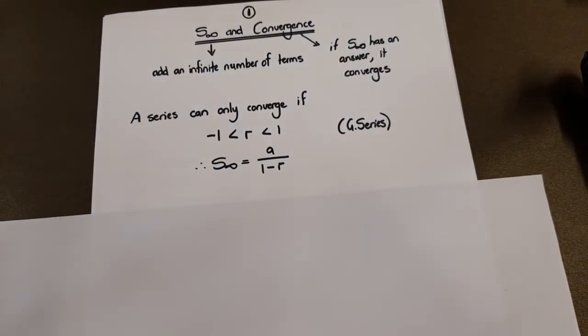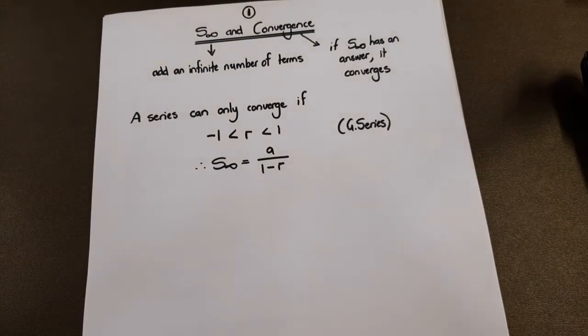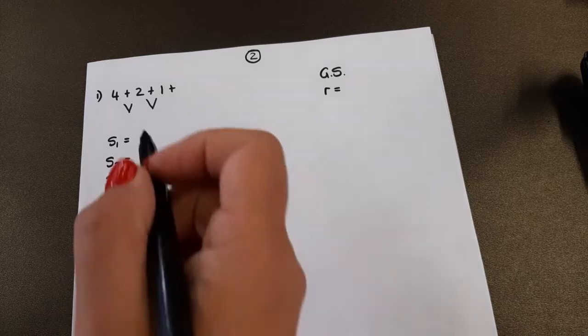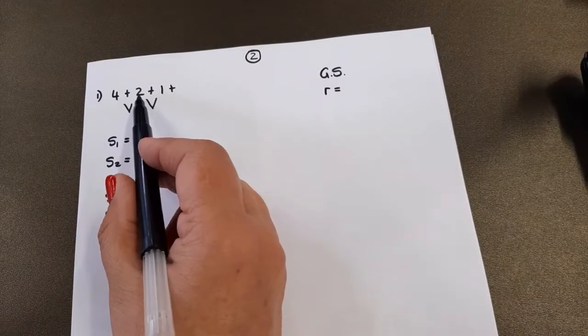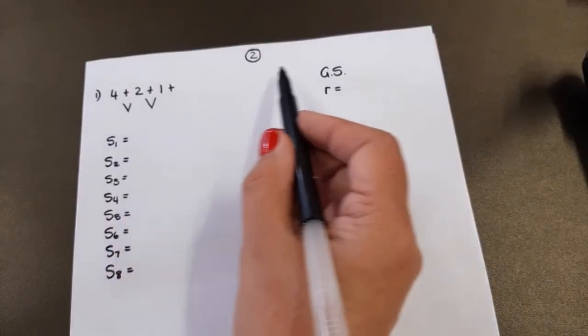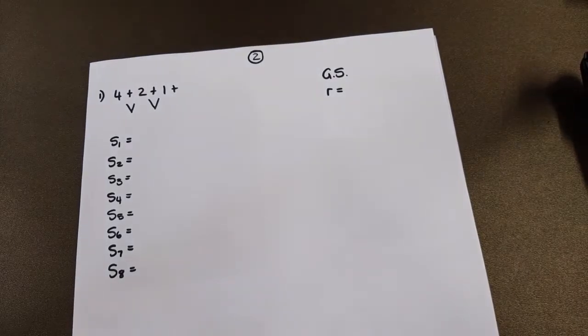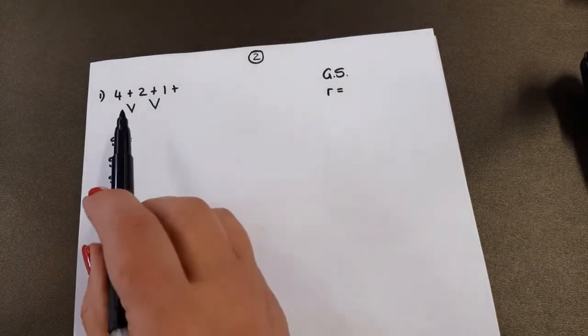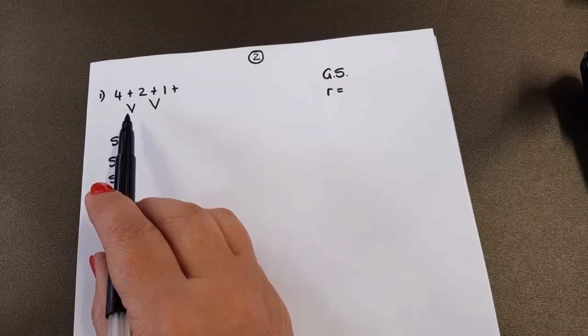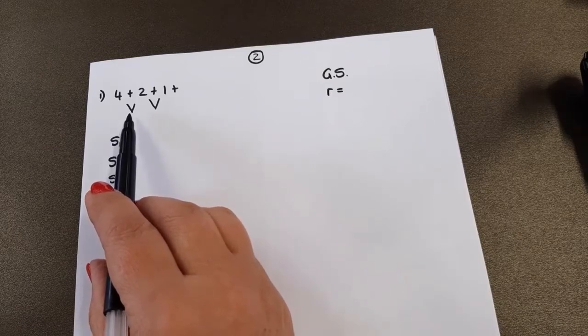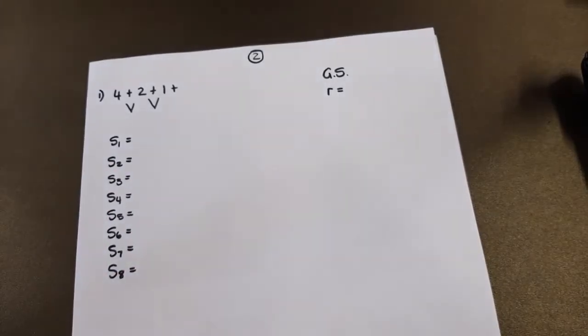So let's look at our first example. Let's say we have a series 4 plus 2 plus 1 plus, and it goes on. We first have to determine whether it is a geometrical or arithmetic series.